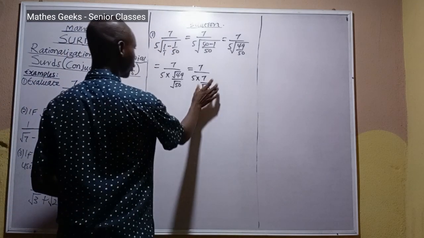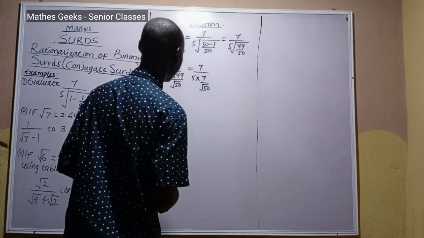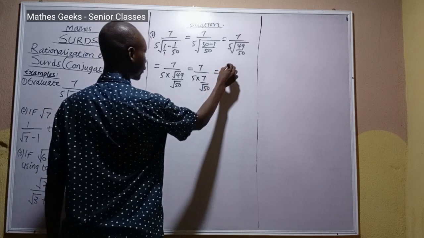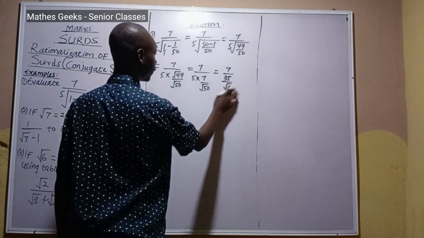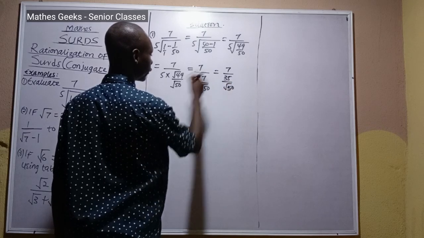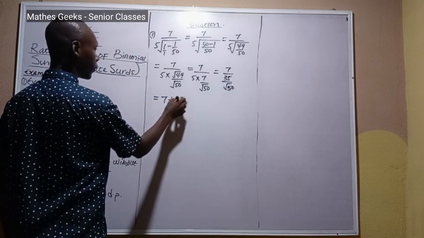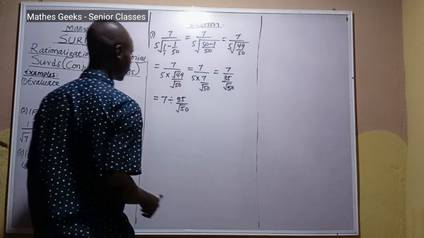First thing, I'm going to simplify here. 5 times 7, so that's just 7 over 35 divided by root 50. So we can write this as 7 divided by 35 over root 50.